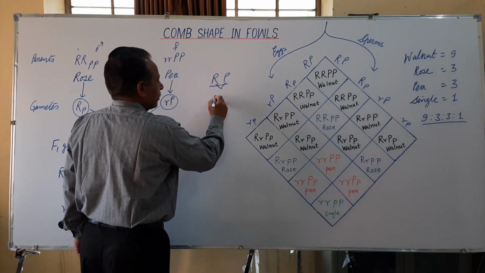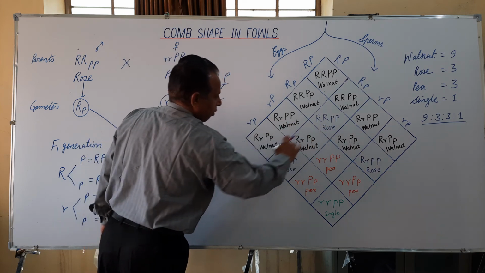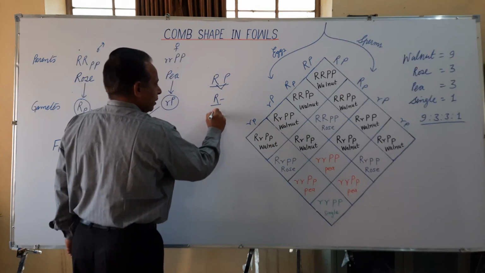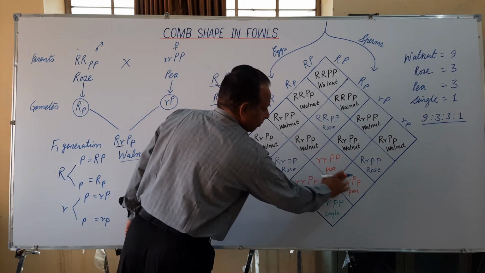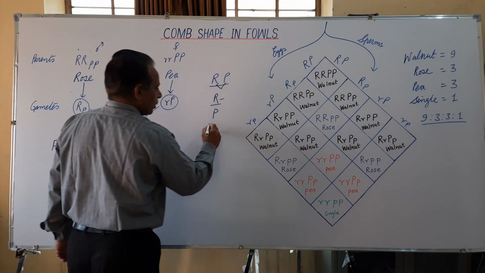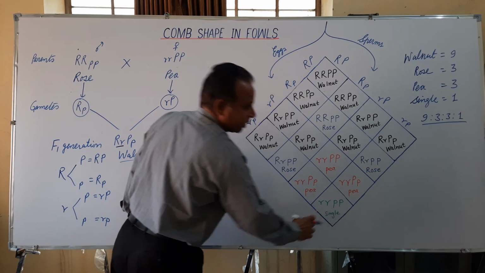When only R is present, it gives rise to the rose-shaped comb, and when only P is present in the zygotic combination, it gives rise to the pea-shaped comb, and when both are present in the recessive condition, it gives rise to the single shape of the comb.